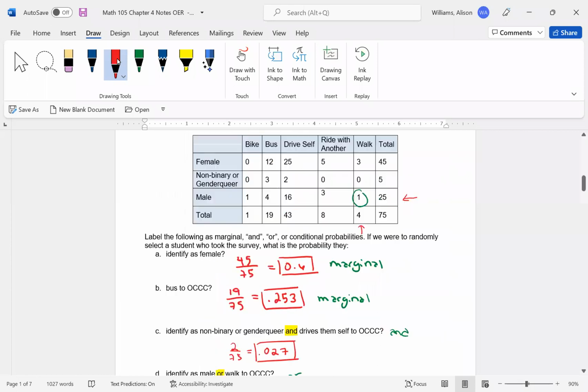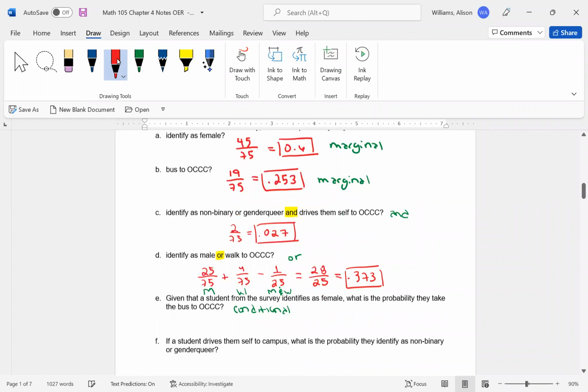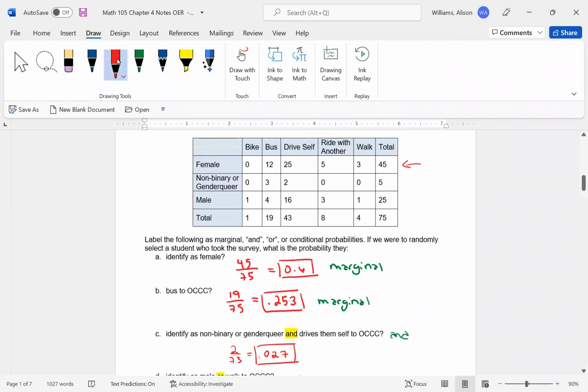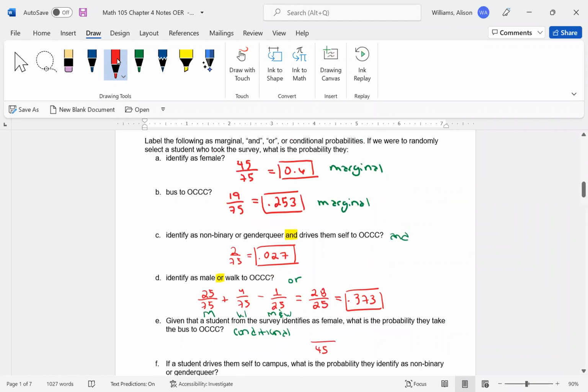So that means I'm only looking at the females, and that means I'll be only looking at this first row. So my new total is now out of 45. Here, I'll just do it over here to the right. And we want to know the probability that they take the bus. So out of those 45, there are 12 who take the bus. And when I divide 12 by 45, I get 0.267.